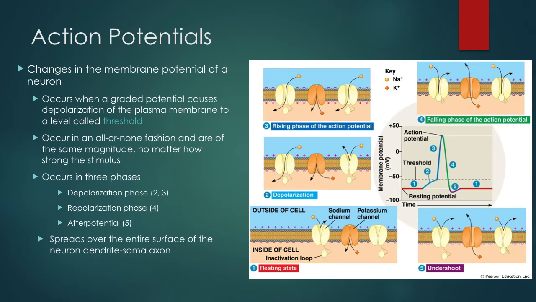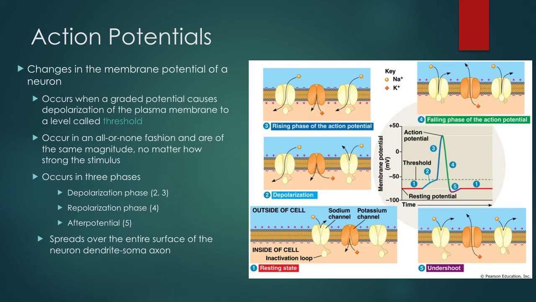So in an action potential, what happens is that a few ion channels open. Okay, these are usually ligand gated channels, and if the change in charge crosses a threshold, that will cause the voltage gated channels to open.